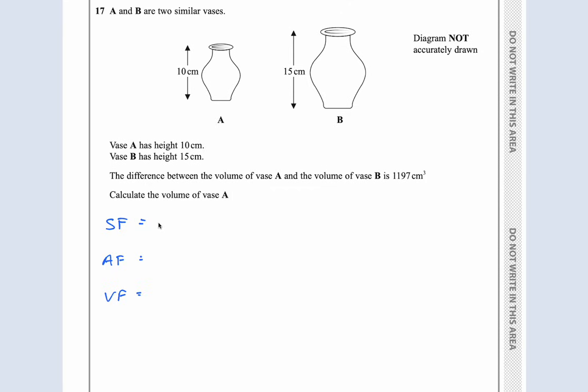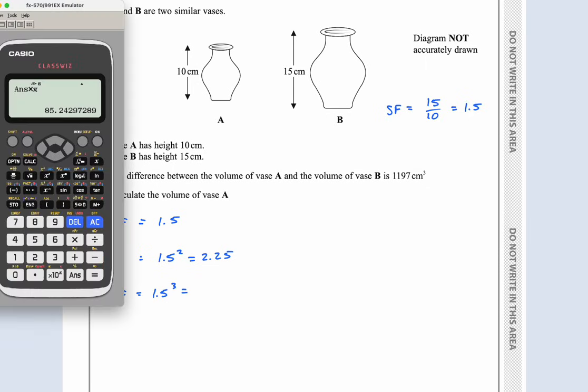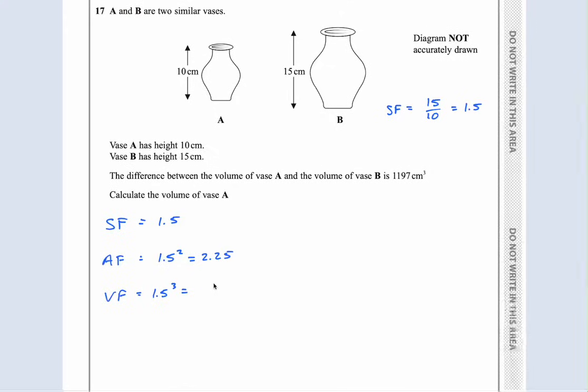The scale factor is 1.5 because scale factor is 15 over 10, which is 1.5. It's this divided by this. Okay, the area factor is then 1.5 squared, which is 2.25. And the volume factor is 1.5 cubed, which is 3.375.